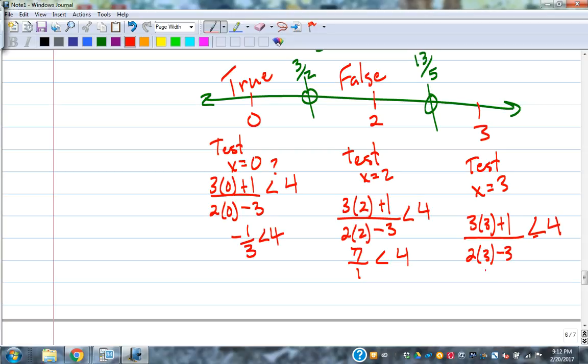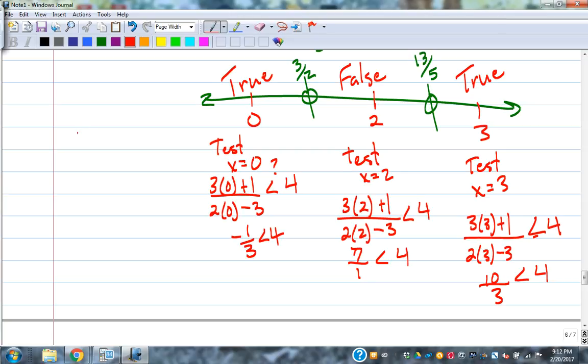That'd be 10 over 3. Is that less than 4? 10 over 3 would be 3 1/3. But yeah, well, depends on what your definition of barely is. So we got 2 areas that are true here, not just one.